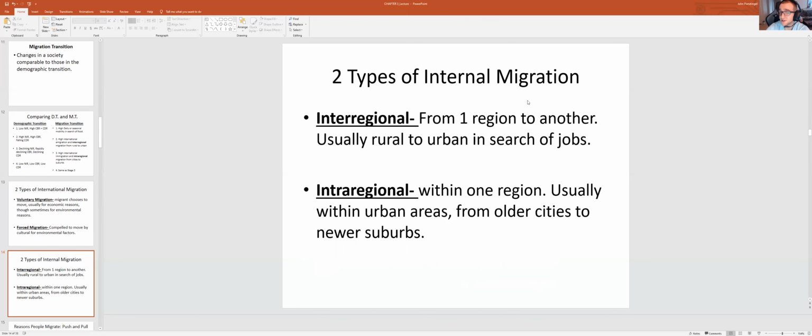And this is usually to urban areas or from older cities to newer cities or to newer suburbs. But generally always within the same region, which is what intra means, within. And inter means between. So intra within and inter between.